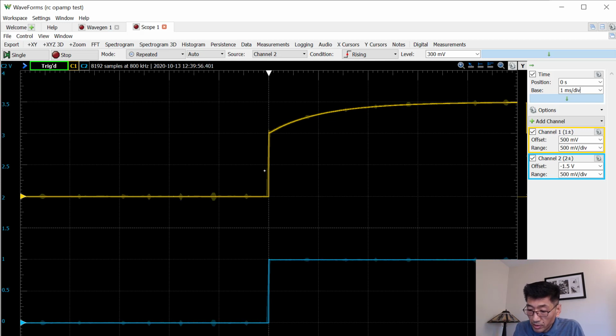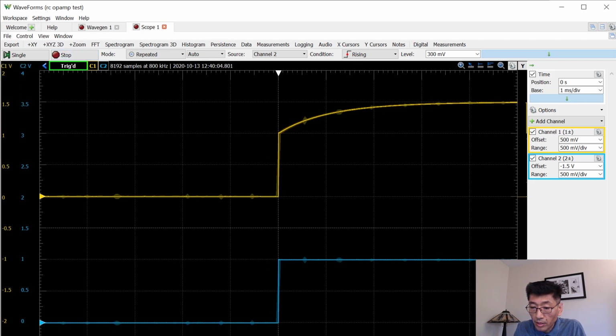Right now the vertical axis shows channel 2. If you focus on the orange-yellow one, channel 1, it jumps at t equal to 0 to 1 volt, and then charges to 1.05, right? That's exactly what we observe.